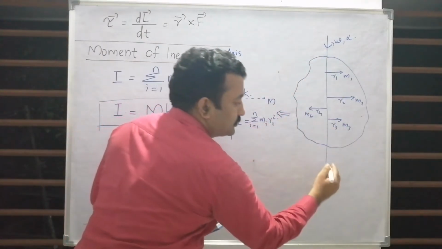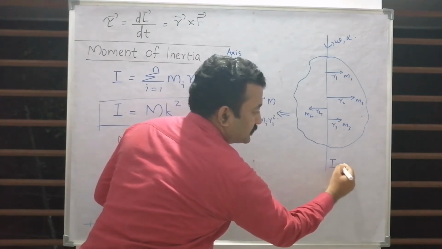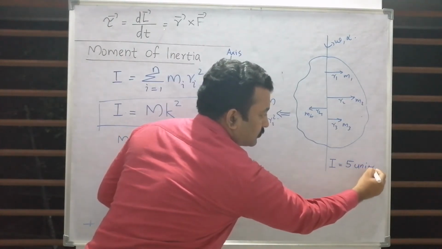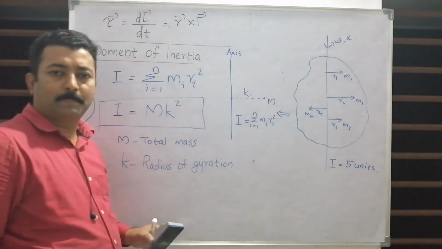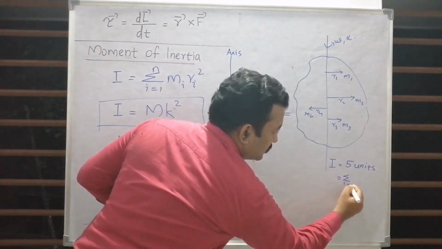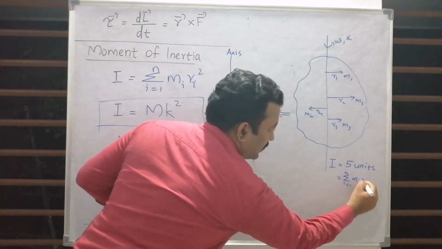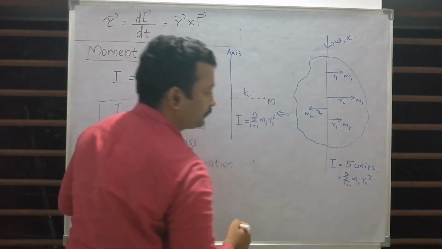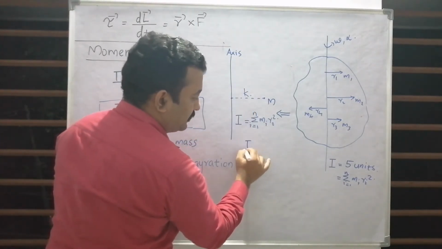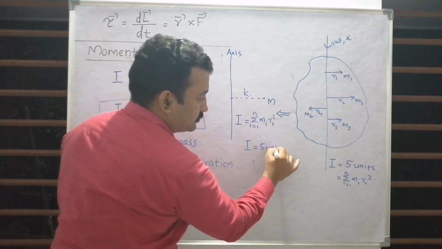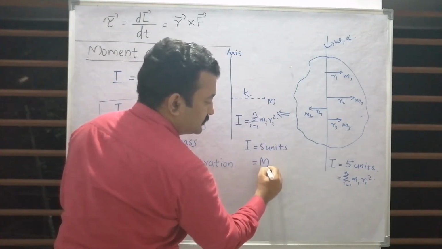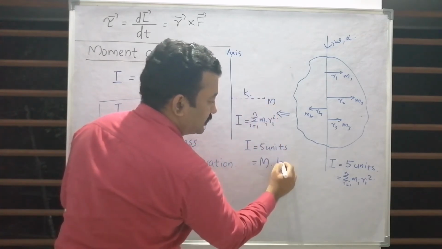Suppose the entire system is giving you a moment of inertia value equal to, say, 5 units. And this is obtained by sigma i = 1 to n mi ri square. Here I am assuming I is equal to 5 units, and this is equal to the total mass of the system into an imaginary radius square.